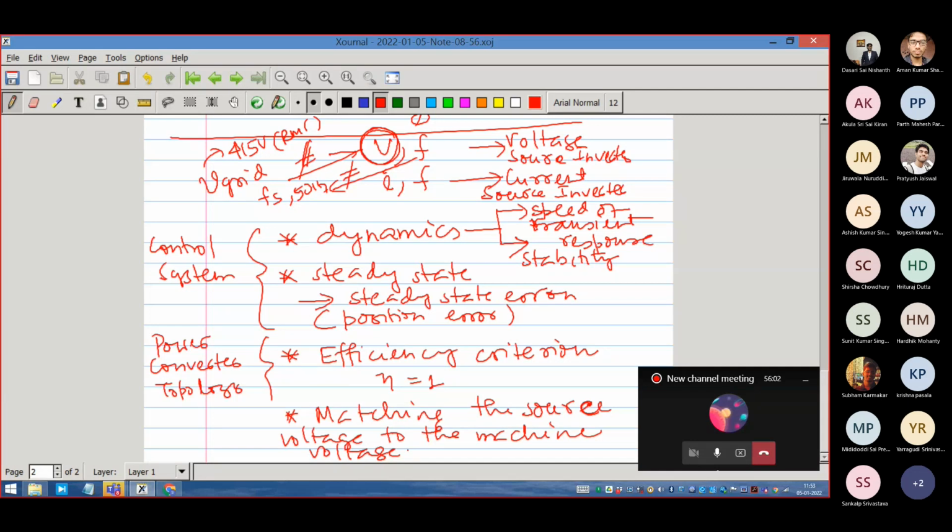The easiest way of matching the source voltage and the machine voltage is AC to DC or AC to AC, and so on and so forth.